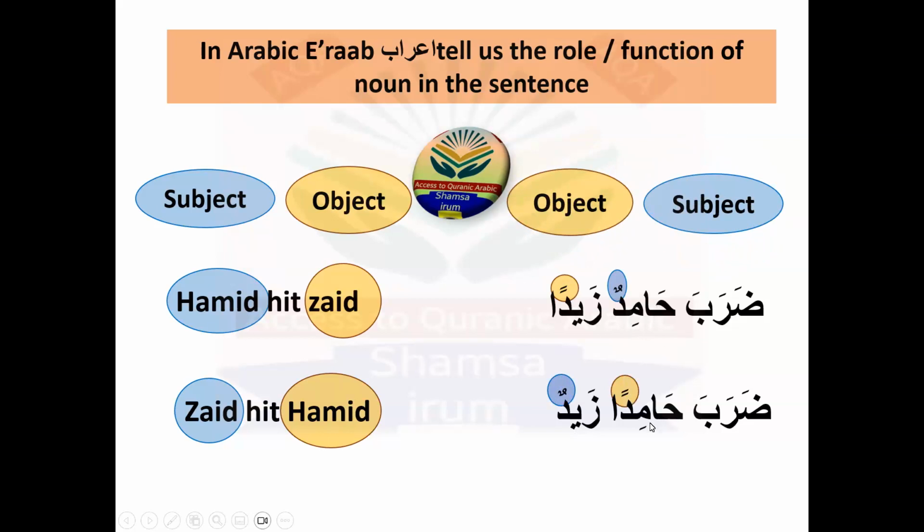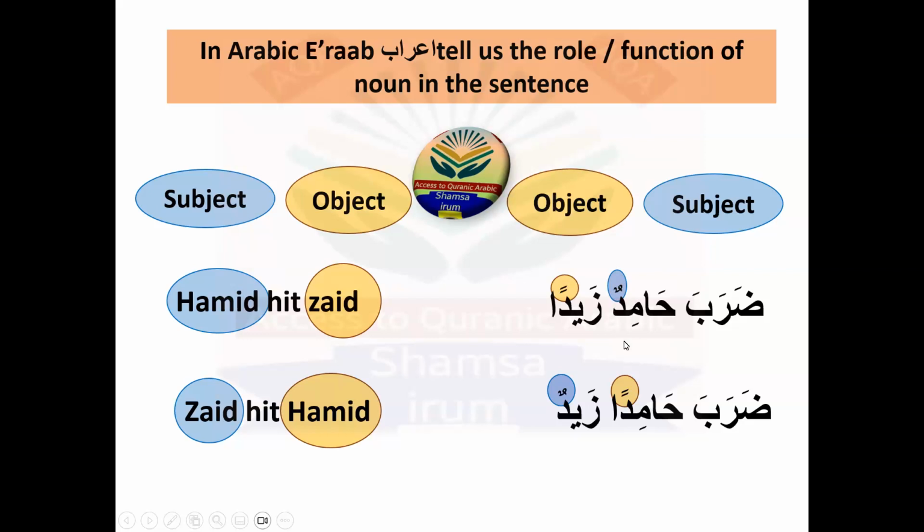Hamid is still there in the middle, Zaid is still at the end. But the haraka is changed. Look, in the first sentence, it was Hamidun. In the second sentence, it was Hamidan.